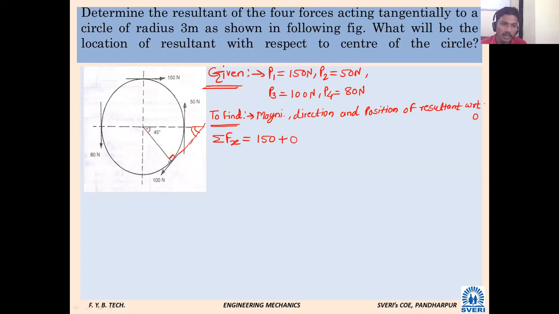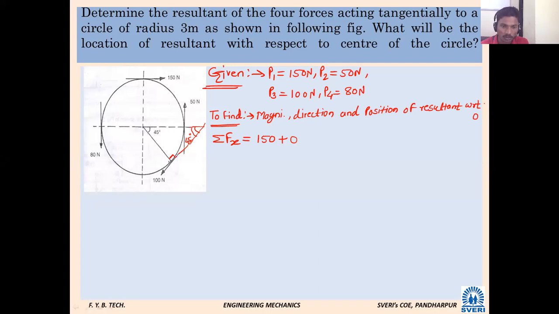One angle is given as 45, one is 90 degree, so what will be the remaining angle? 45. With whom is that 45 angle made? With the x-axis, horizontal.